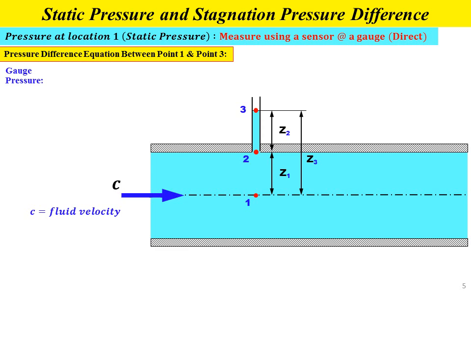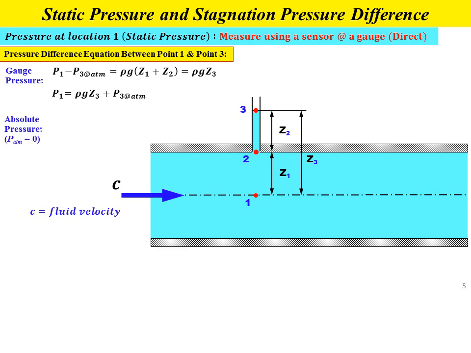If we consider gauge pressure, we get this equation: P1 minus P3 equals rho g multiplied by Z1 plus Z2, and equals rho g Z3. P3 is actually equal to atmospheric pressure. Rearranging the equation, we get the formula for static pressure at point number 1: P1 equals rho g Z3 plus P3.